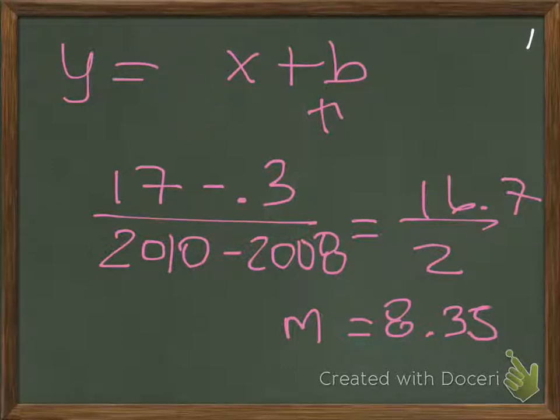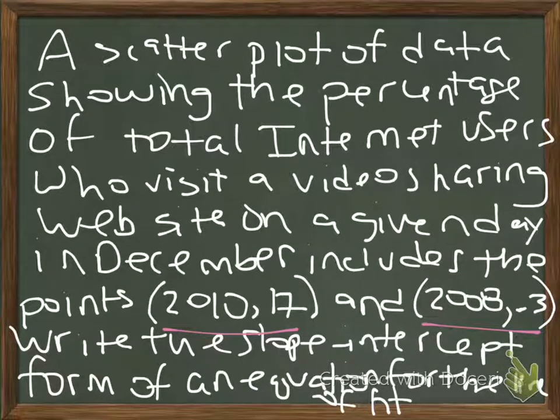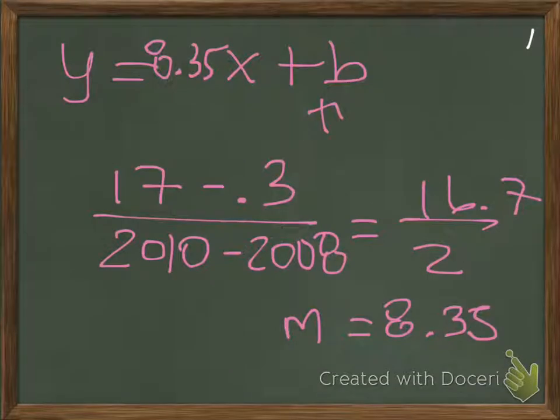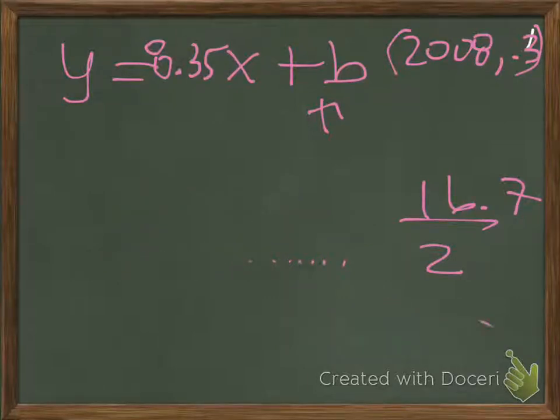So that goes in here, 8.35. And then our point, we can pick either point, 2010, 17 or 2008, 0.3. And we're going to plug in our x for x and our y for y. So if we do 2008, 0.3, 0.3 is our y. So that's going to go in for y.